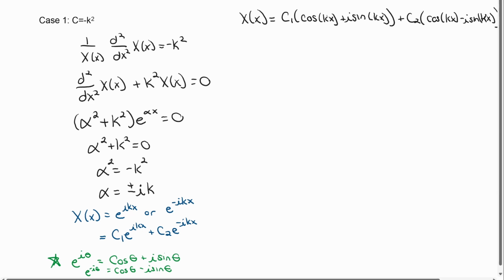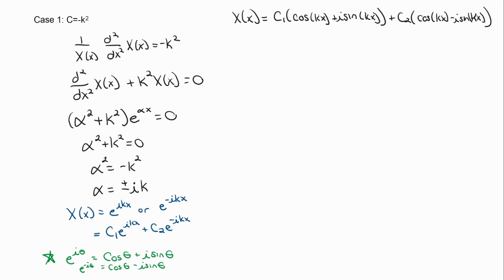So now when you combine like terms, we're going to get C1 cosine of kx plus C1 i sine of kx plus C2 cosine of kx minus C2 i sine of kx. And we can redefine a lot of these constants in front of our values. So we factor out everything that has a cosine term.